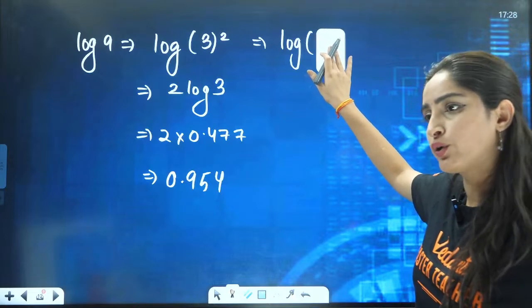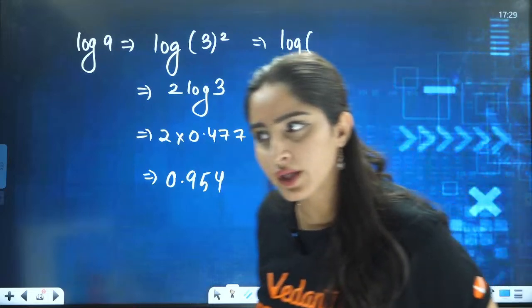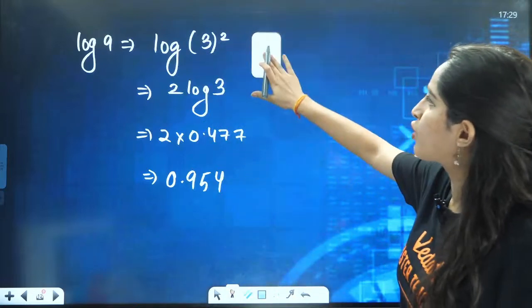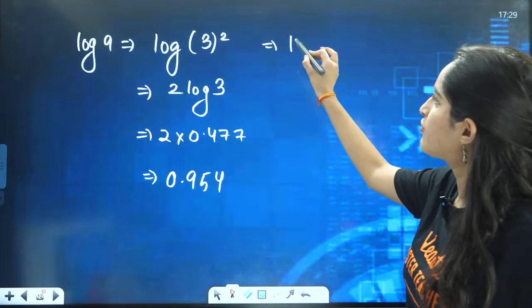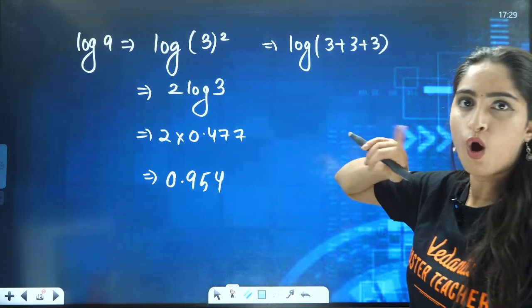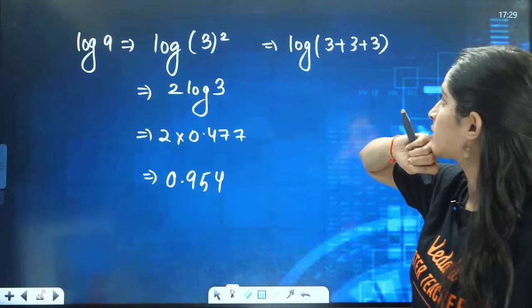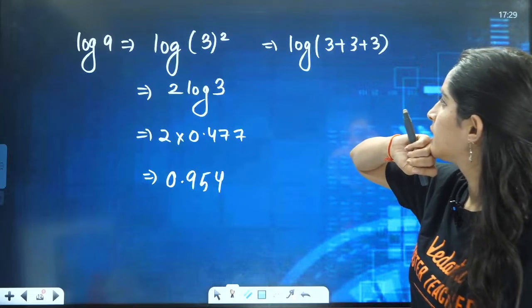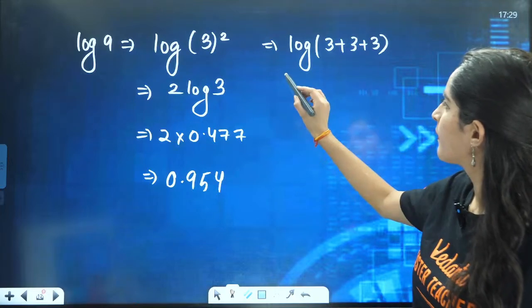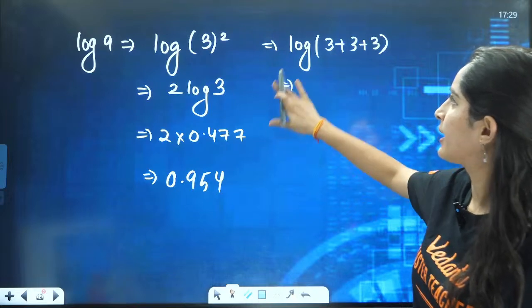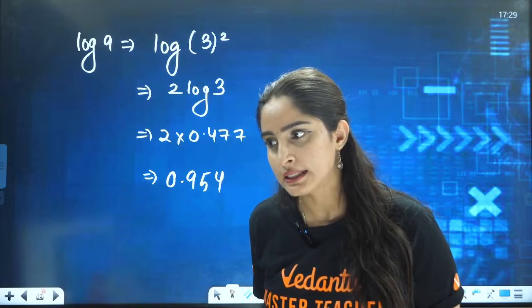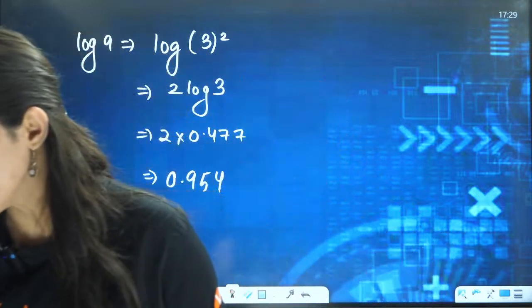Either you can have log 3 plus log 3, or log 3 added three times for 27. This will be added, no? Okay? Understood?